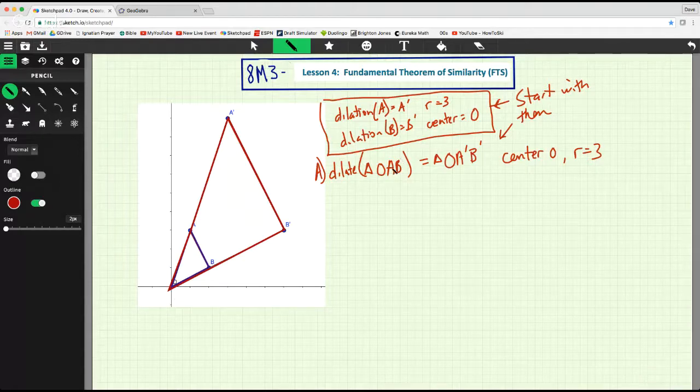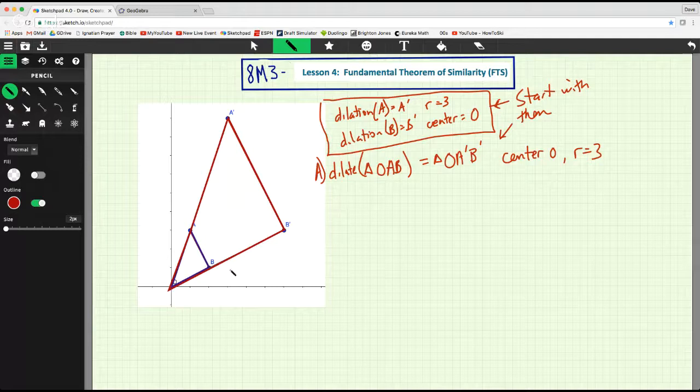Okay, and so I've dilated vertex A, and I've dilated vertex B. Now what if I dilate point O about itself?